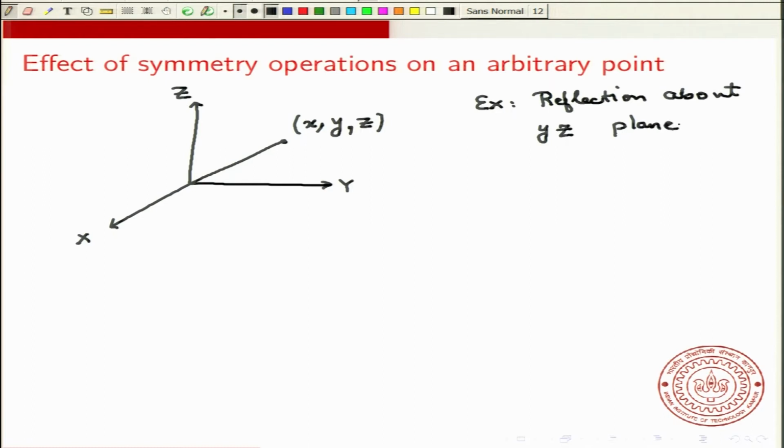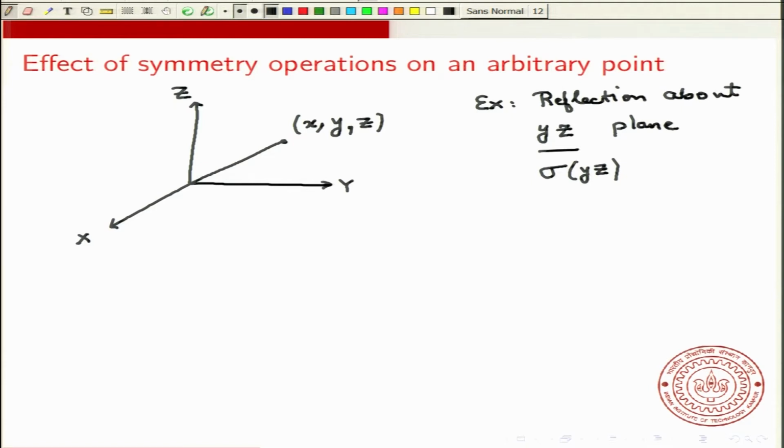So if you reflect this point about the y z plane, okay, and let me use the symbol sigma, then let me denote this by sigma y z.